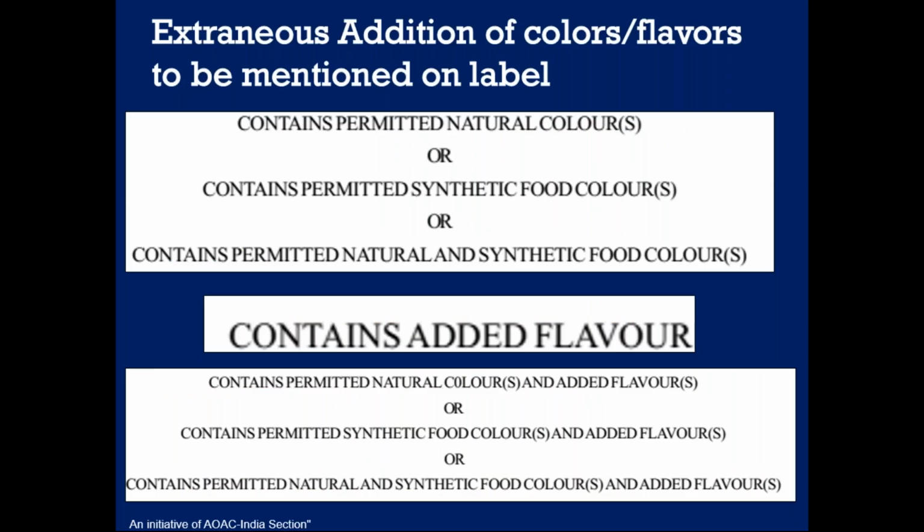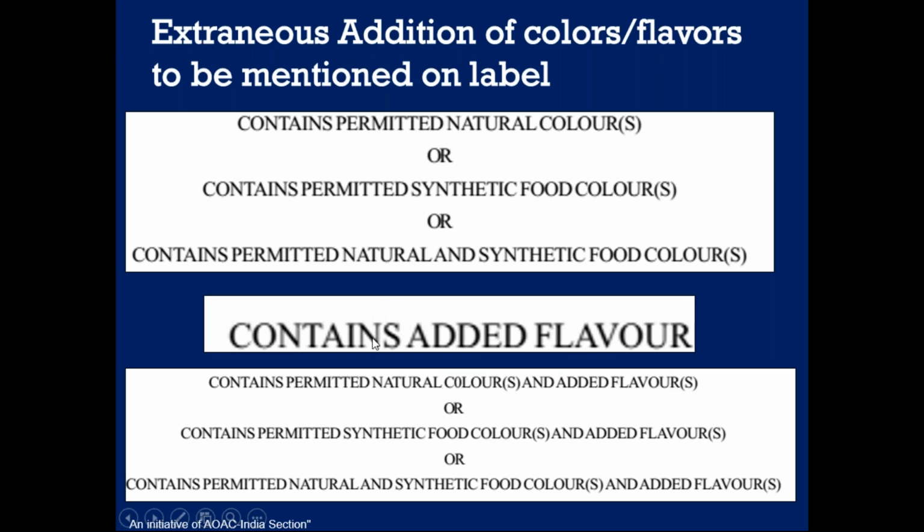If you are adding added color or flavor, which is a food additive, although you list the additives in the list of ingredients, the regulation says that you need to add this label on the packaged food. If you're using only a natural color, you write contains permitted natural color. If you're adding only a synthetic color, you write contains permitted synthetic color. If you're using both, you need to put both.